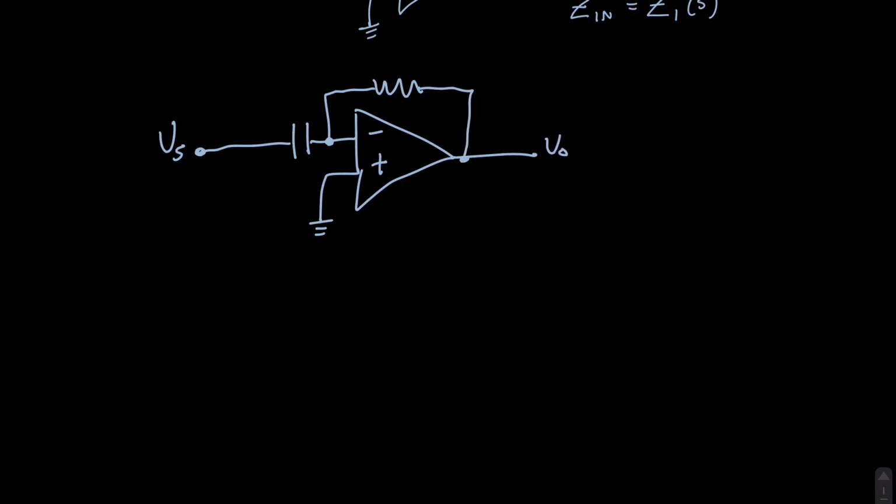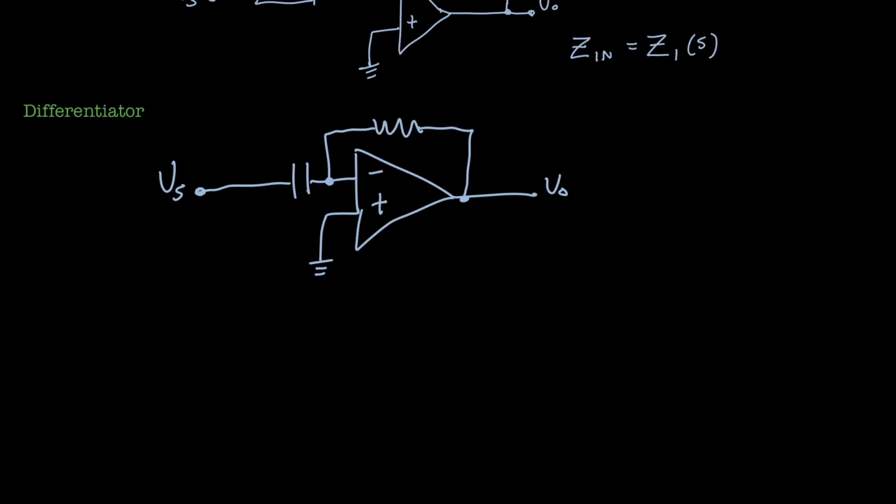And then we have V out. And this guy we call a differentiator. Alright, so the big thing about this is going to be, this is C1, and this is R. Since there's only one R, we'll just call it R.